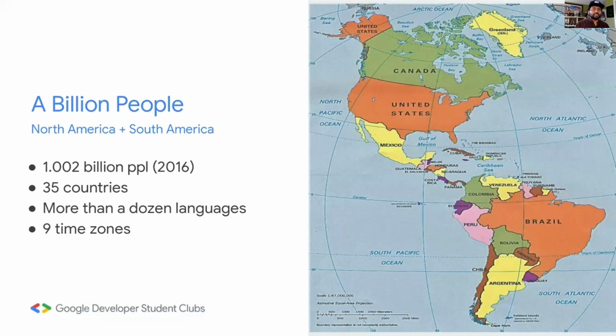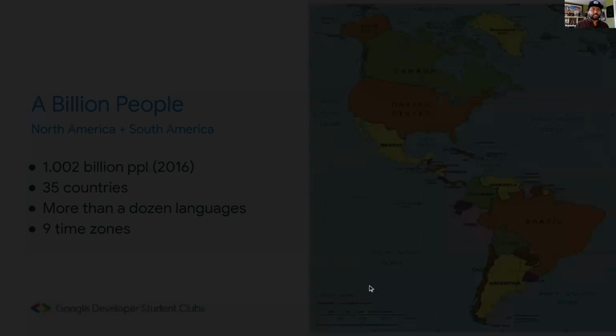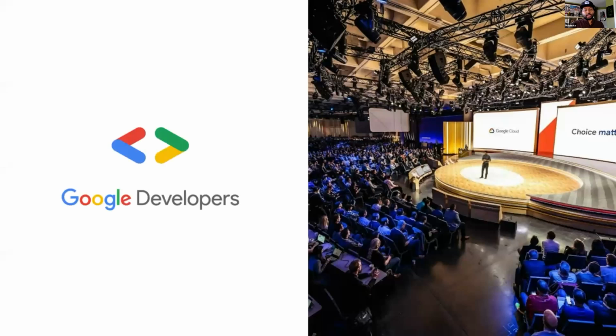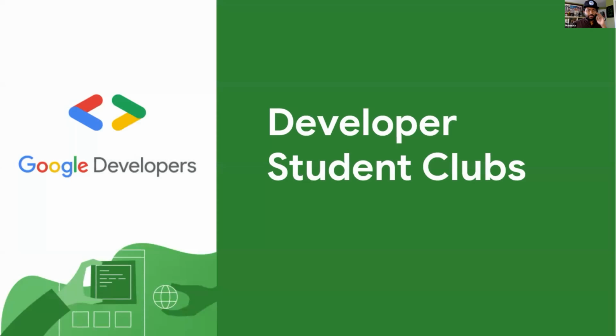So we realized that we can't build this technology and scale it up by ourselves, right? So that's why we leverage external developers, and we built a whole umbrella, a suite of community initiatives, to support that. Hence, Google Developers was born.